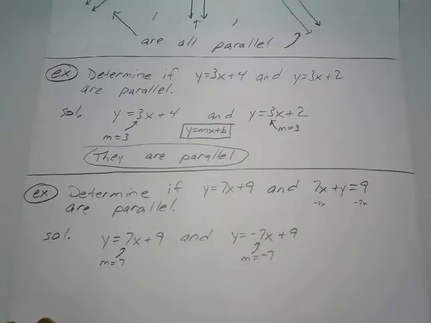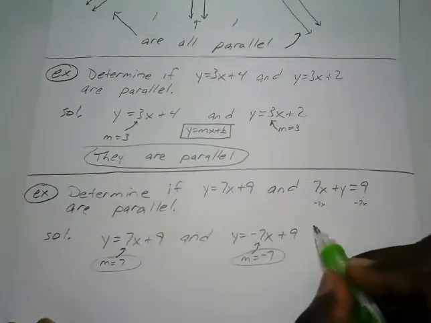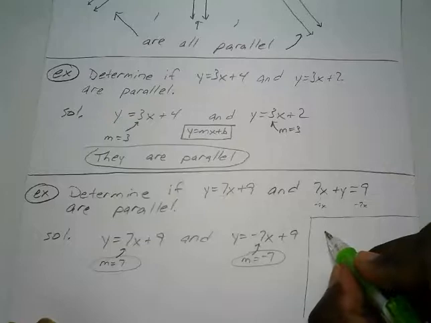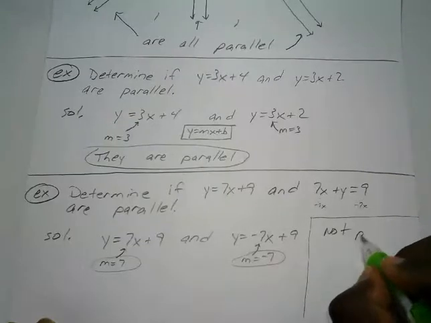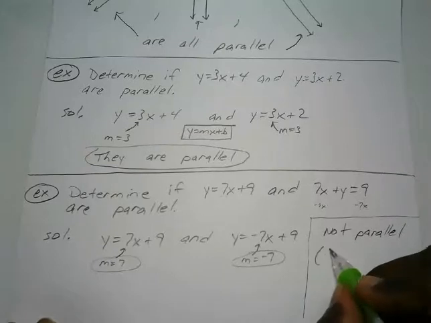That's where you have to be really, really careful. Okay, so they're both in y equals form, but they are completely different slopes. So we can see here that because the slopes are different, these are not parallel. Let me put that: not parallel, because your slopes are different.